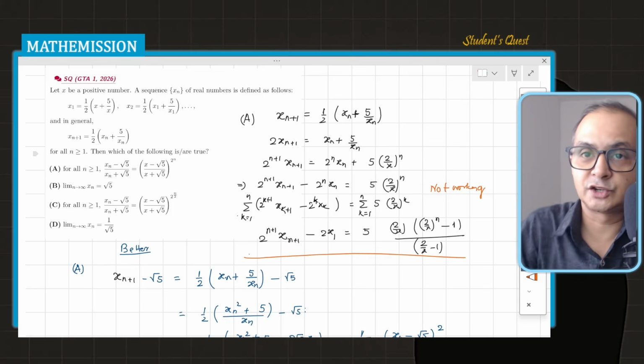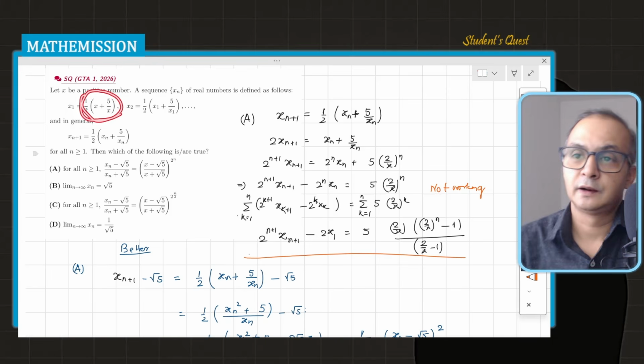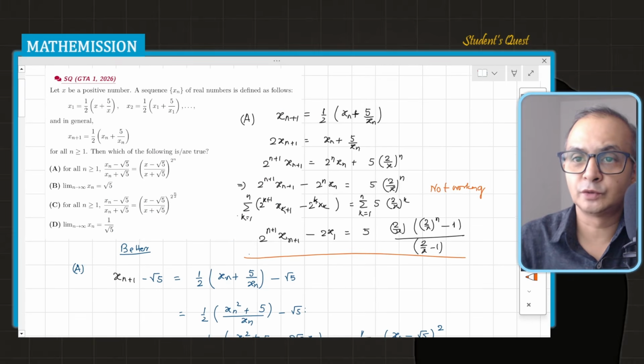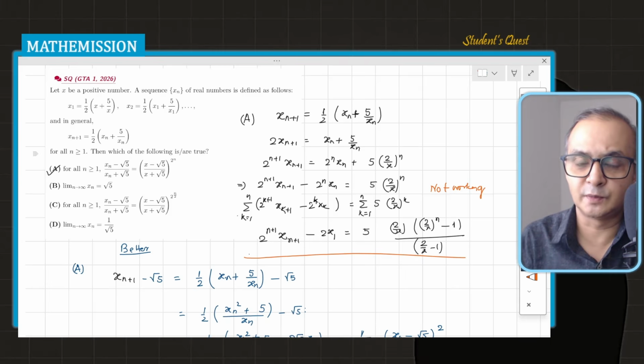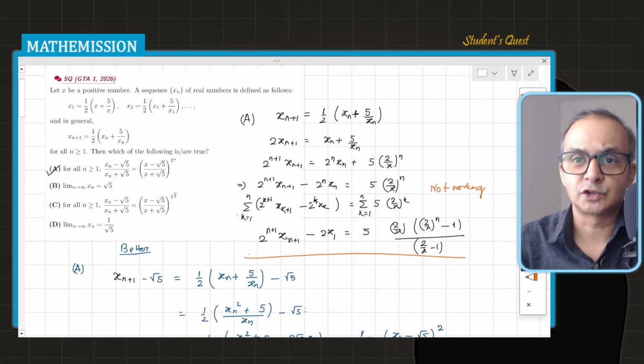So this is going to be the first option, because you can see the C option has 2 to the power n by 2. By any chance, it is not going to be the C option. So the first option is correct.